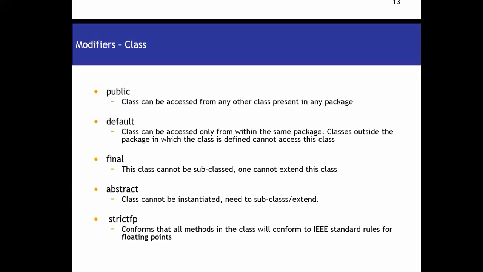Next is final. When you define a class as final, you can't override it. Overriding in the sense, suppose there is a public class A with some methods.